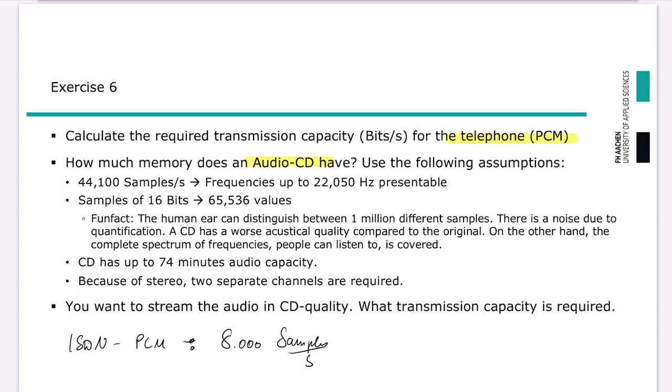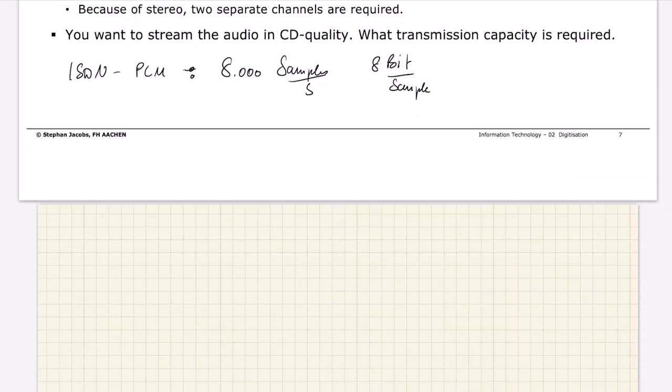And we do have 8-bit per sample. 8-bit is not too much, so you can express 256 different values. In the end, it means you can only transmit frequencies up to, I think, 4,000 Hertz, which is not too much. So let's do the calculation.